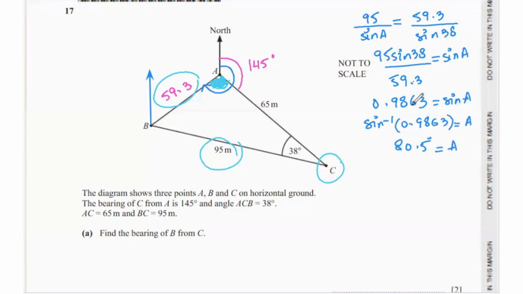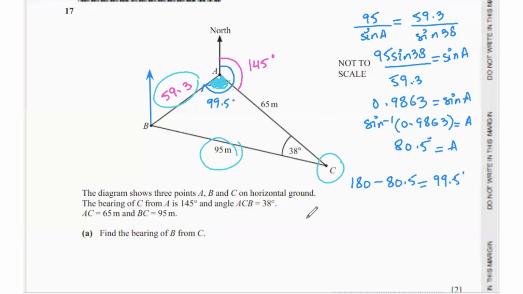degrees. Now the question says that BAC is obtuse, so that means we will do 180 minus 80.5 to find the obtuse angle, because 80.5 is acute, it's less than 90. So that's 99.5. So this is 99.5 degrees.